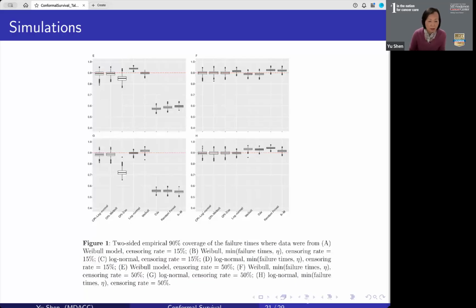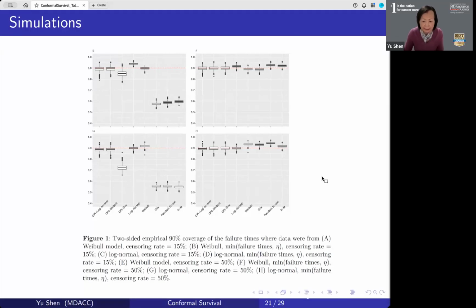We did a lot of simulations, but I show just one page here. What we'd like to demonstrate is that if the model is misspecified, the conditional coverage will do badly as expected, so it wouldn't achieve correct coverage.